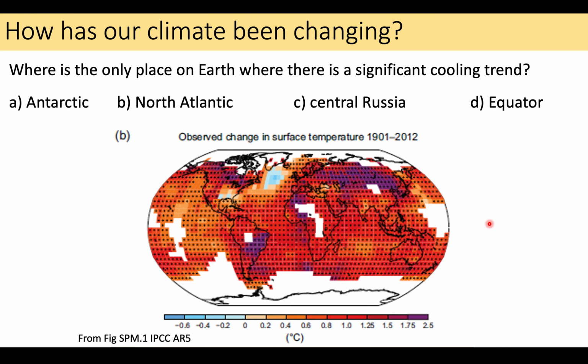So using the scale on the bottom, you can see that a change in temperature on the cool side would be in the blue colors rather than the red and the purple. So the only place here is right here in the North Atlantic. So the North Atlantic Ocean has experienced a bit of cooling, whereas almost everywhere else on Earth has had warming.